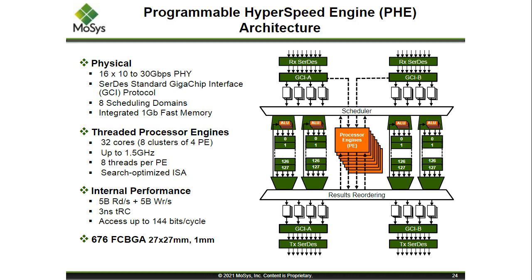We use that same GCI protocol. The difference is that we built a little scheduler in the middle, the block that hands off to the memory, and now the scheduler also has to hand off to the processor engines. As Gus mentioned earlier, there are 32 multi-threaded processors available within this device.